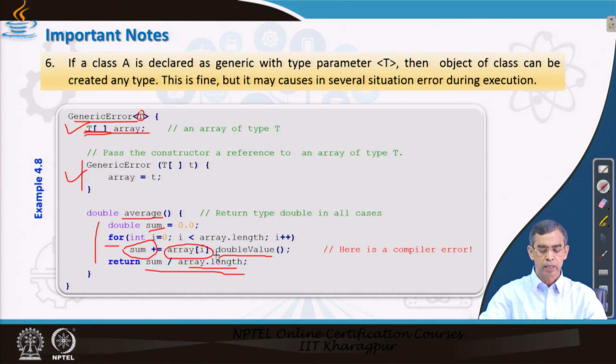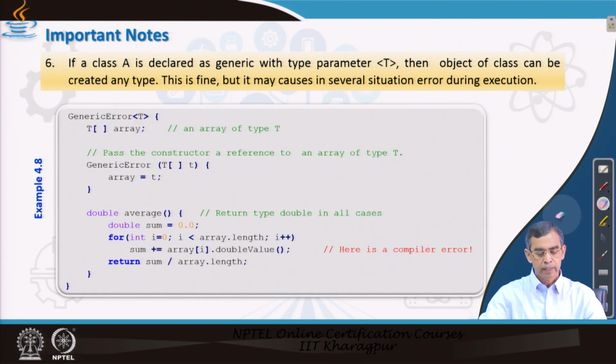So doubleValue is required to be invoked there. Without this doubleValue, if we write it, it is not valid, you will get an error during compile time.